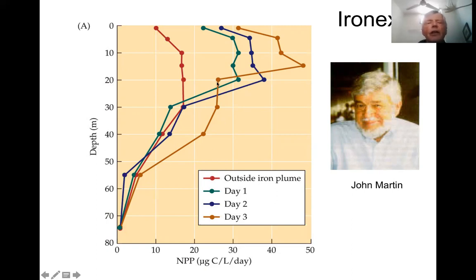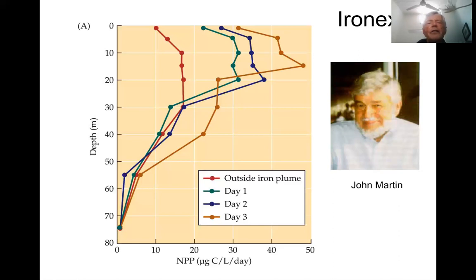And sure enough, you get a very strong and growing increase in production. This is bottom-up forcing. In this particular case, this limiting micronutrient, iron in the ocean, is really important to the abundance of plants and thus to the abundance of things that eat those plants.